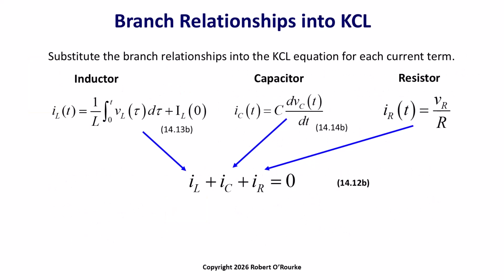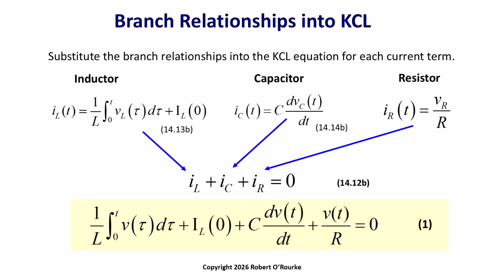Substitute each of the branch relationship equations into the KCL equation 14.12b, replacing the current terms, resulting in the KCL integro-differential equation 1.